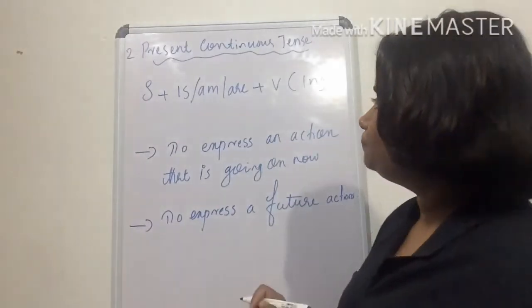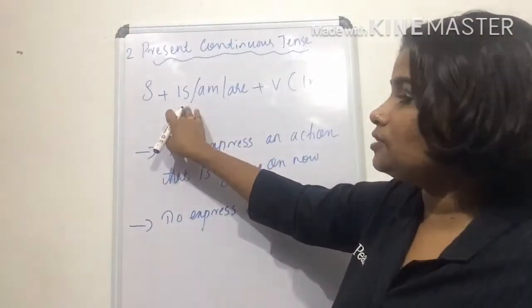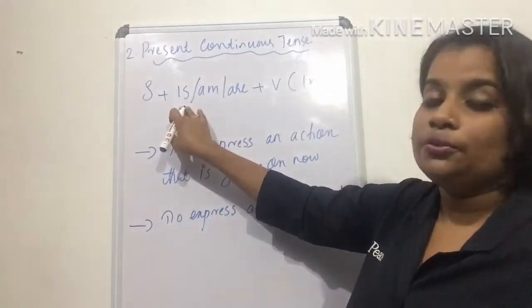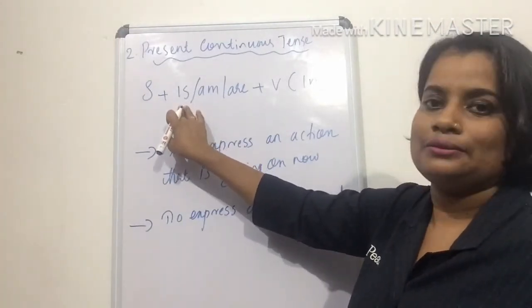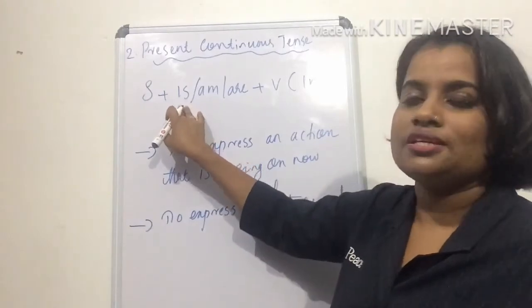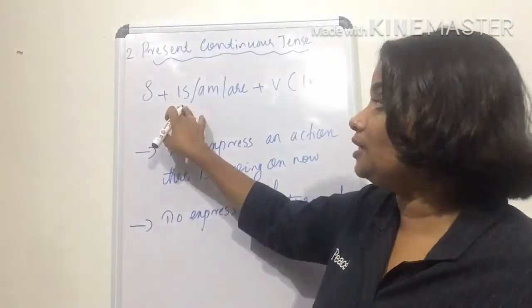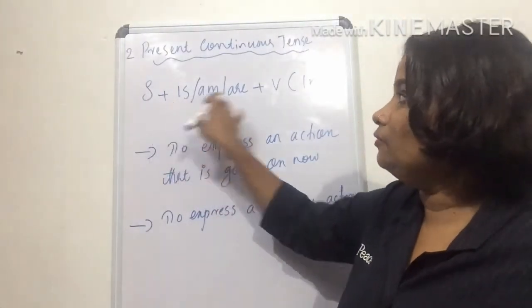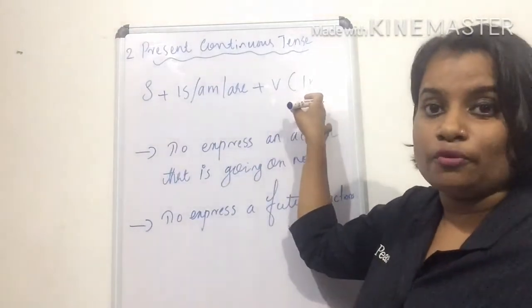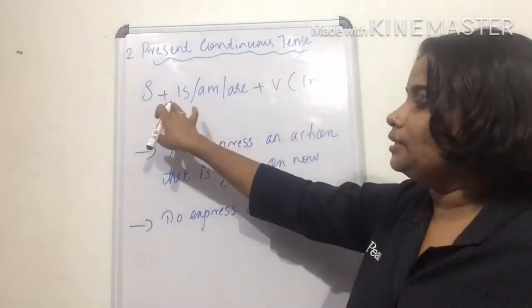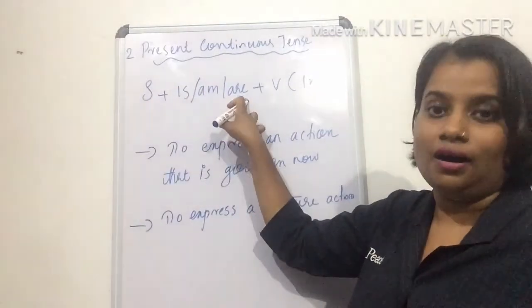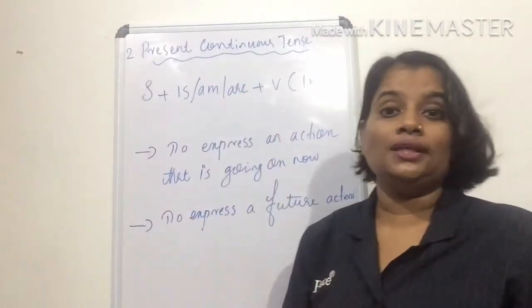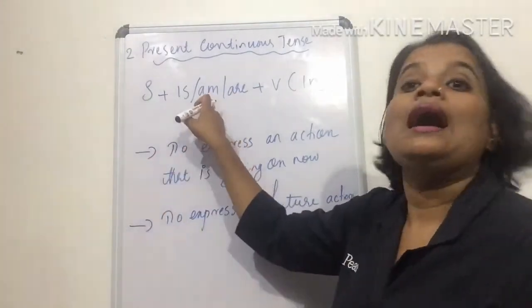Okay, so in the case of singular and plural, along with a singular subject you have to take is. Then verb plus ing, the ing form of the verb. In the case where the subject is plural, you use are. Then along with I only, it comes am.